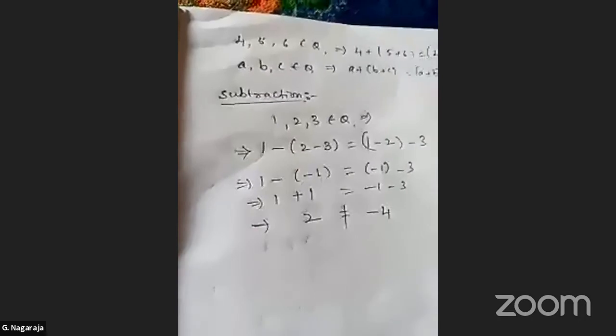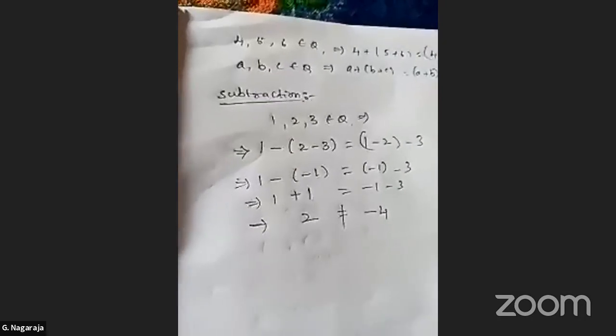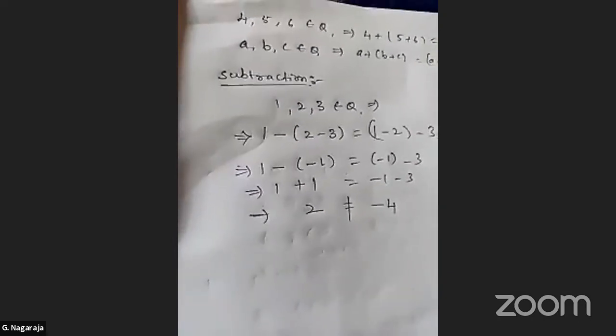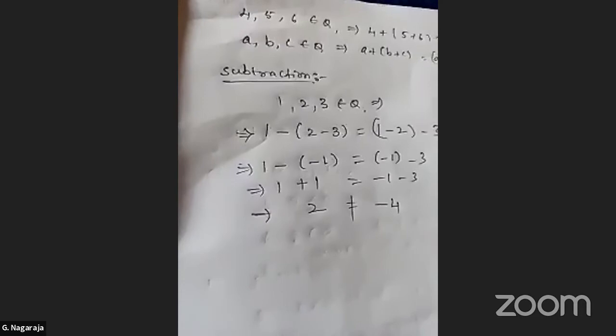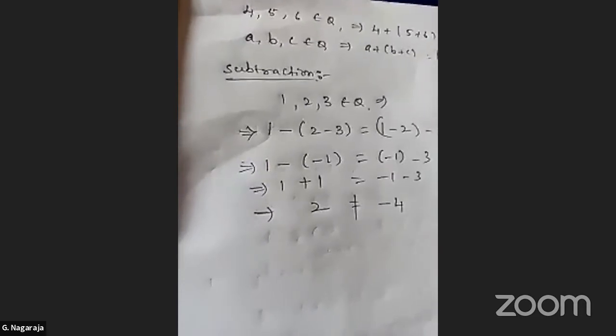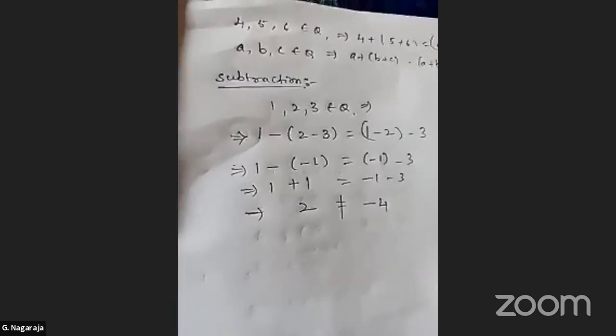1 comma 2 comma 3 belongs to Q. Now 1 minus (2 minus 3), how much? 2 minus 3 is minus 1. 1 minus of minus 1 is 1 plus 1, which is equal to 2.